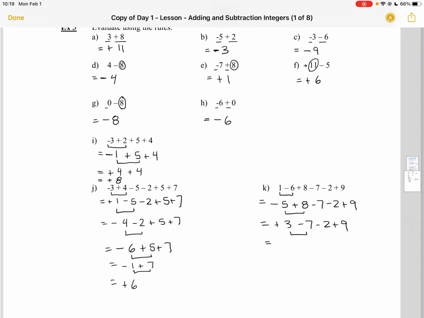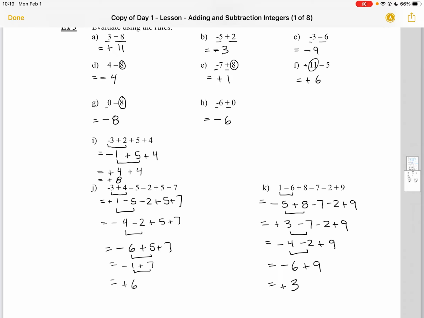Keep the sign from the larger number, that's 7, and subtract. Minus 4 and minus 2, the signs are the same, so I keep the sign and add the numbers. And then finally, different signs, so I keep the sign from the larger number and subtract.